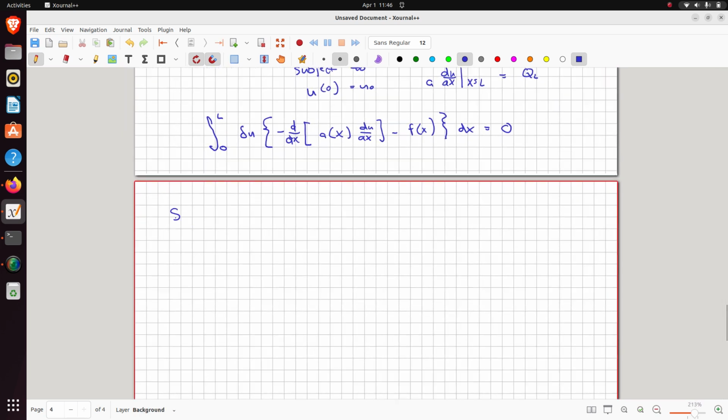Step 2, integrate by parts. Somebody's taken a finite element class before. So notice this term here, we have this derivative out here, and so we're going to basically use integration by parts to move that derivative onto the test function. And that will also generate a boundary condition as part of that integration by parts. Go back and look at your notes for a review of the integration by parts formulas if you need to.